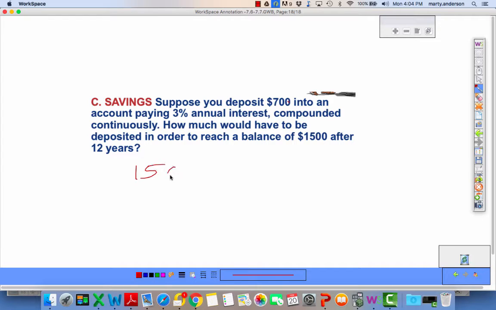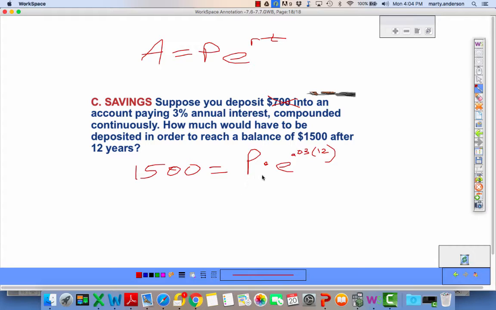To reach $1,500, A equals P-E-R-T. So we want to know $1,500 equals, we're looking for the principal, we don't know, times E to the rate is 0.03 times 12 years.